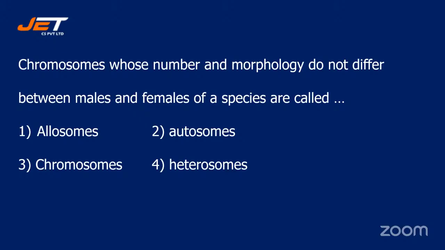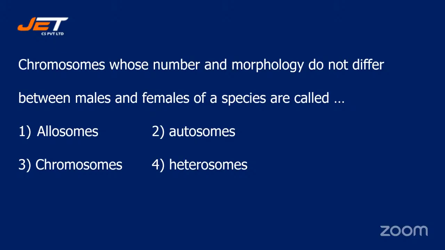Chromosomes whose number and morphology do not differ between males and females of a species are called. And your options are number 1, allosomes, option number 2, autosomes, option number 3, chromosomes, or is it option number 4, heterosomes? Again, a very important question from this topic.